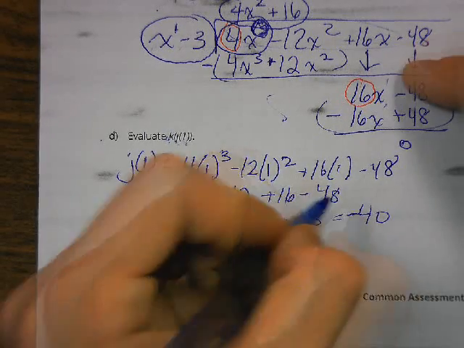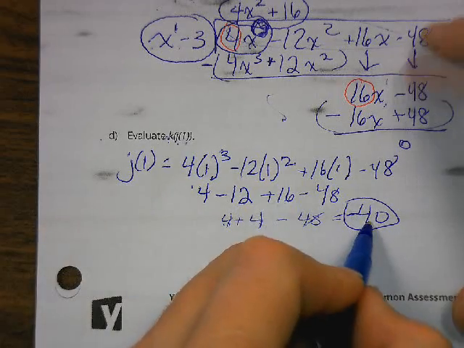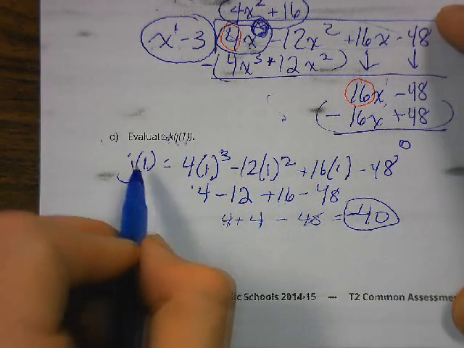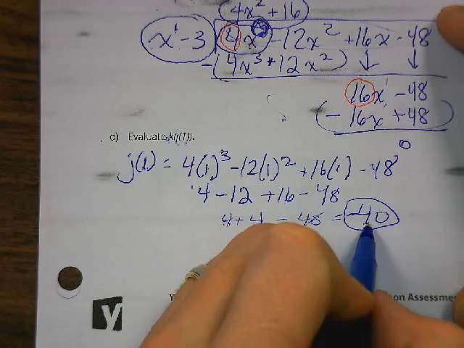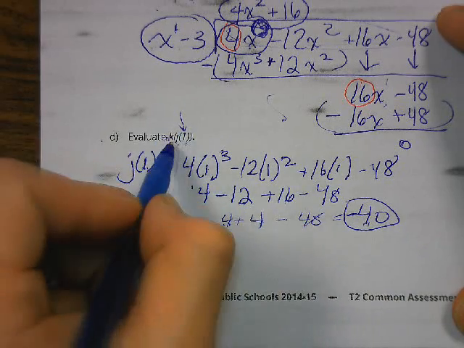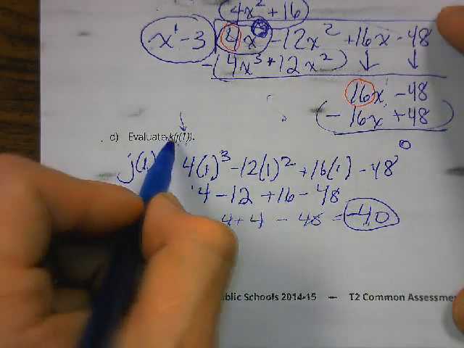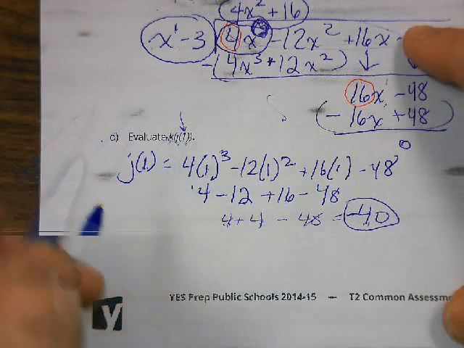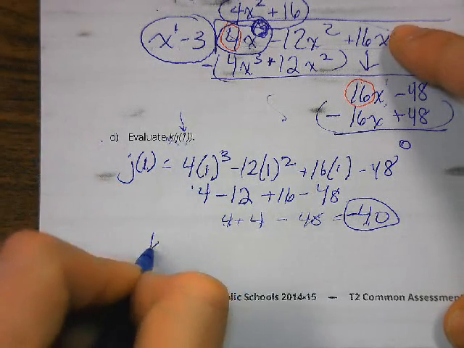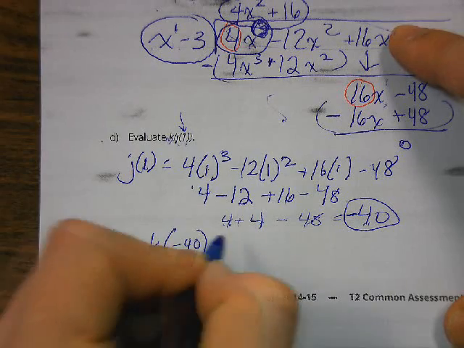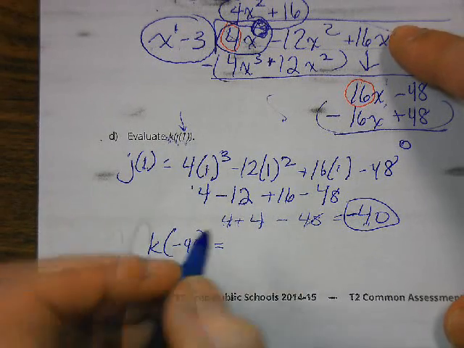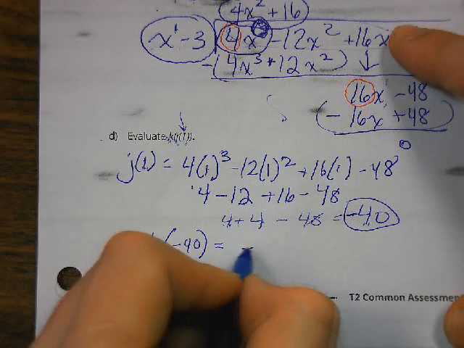And that's this centerpiece. But then they also asked us to evaluate k at negative 40. So let's do that. We've got k at negative 40 equals negative 3 times the absolute value of negative 40 plus 2 and then minus 9. So we just substitute this right into the k equation.